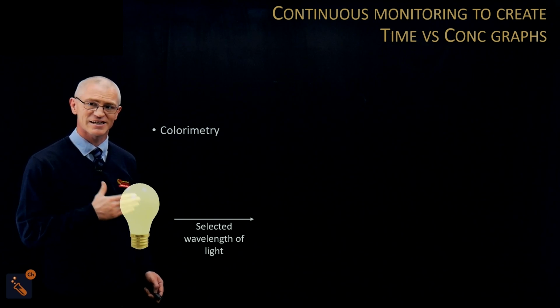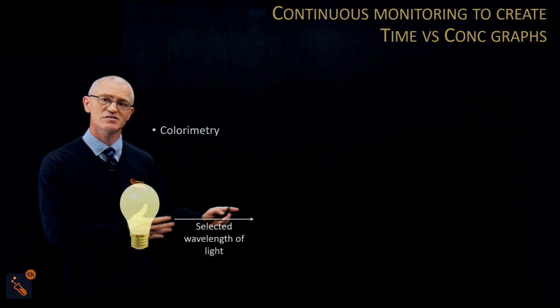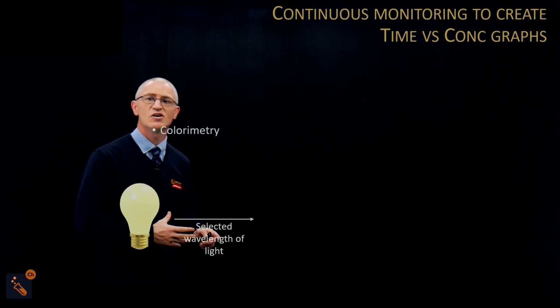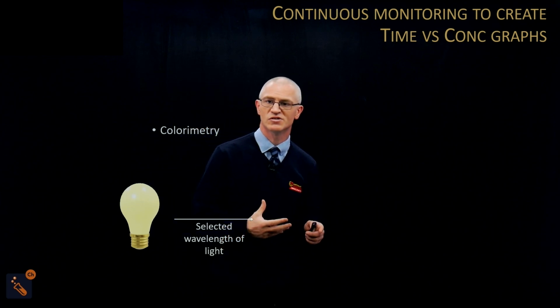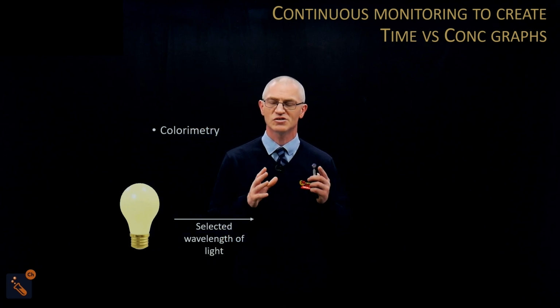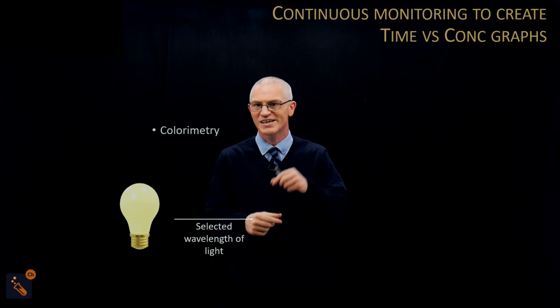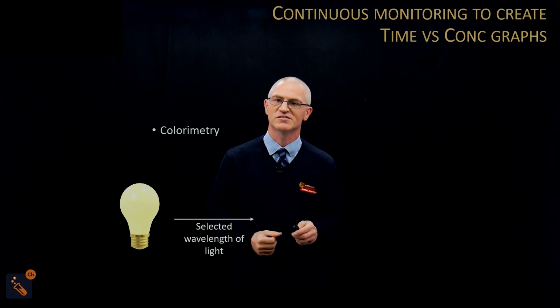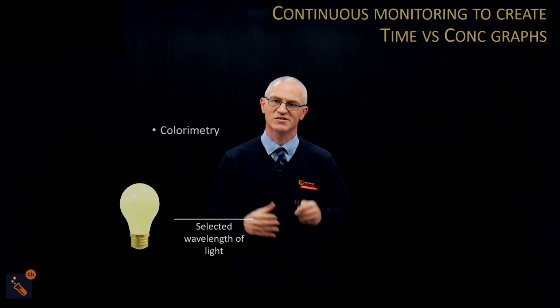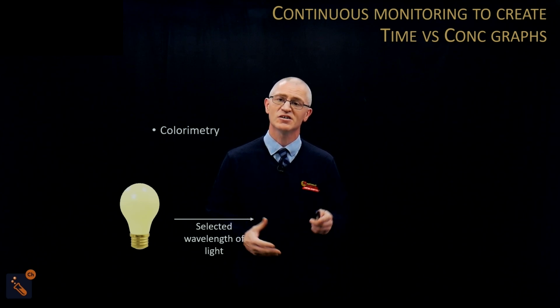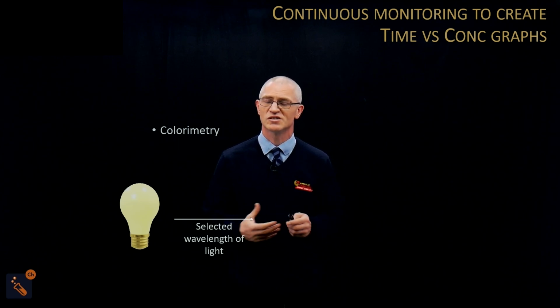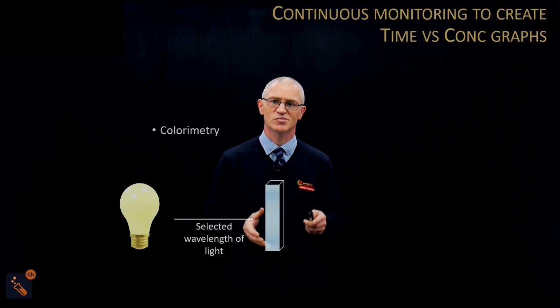It then passes that selected wavelength of light through your solution. So what you can actually do during an experiment is take out solution from the experiment, test it in the colorimeter, place that solution back, test it again 5 minutes later, and you can determine the concentrations using this method.